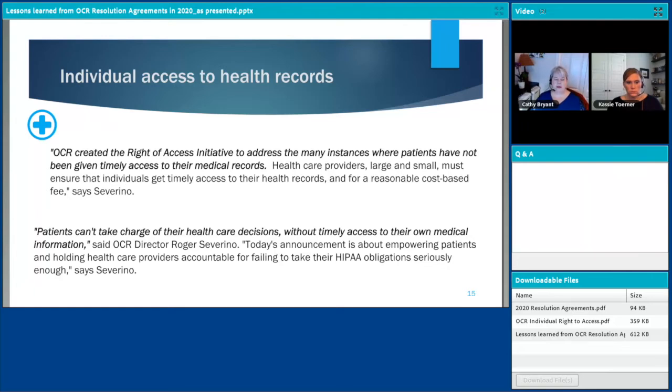The Office for Civil Rights believes that patients cannot take charge of their healthcare decisions without timely access to their own medical records and information.